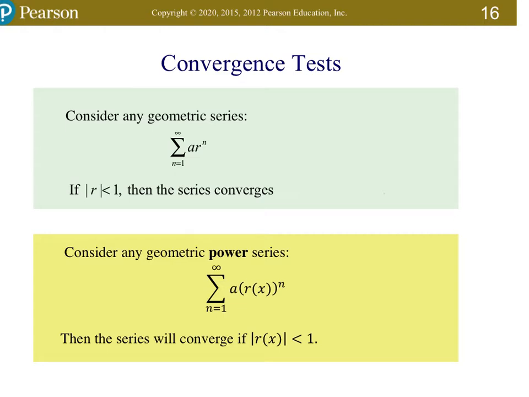So if it is a geometric series where the ratio is a varying ratio, we can say that the series will converge if that ratio, even in terms of x, is guaranteed to have an absolute value less than 1. So we can apply the same thing to a regular geometric series as we can to a power series. We are just working with a variable now instead of working with a constant.